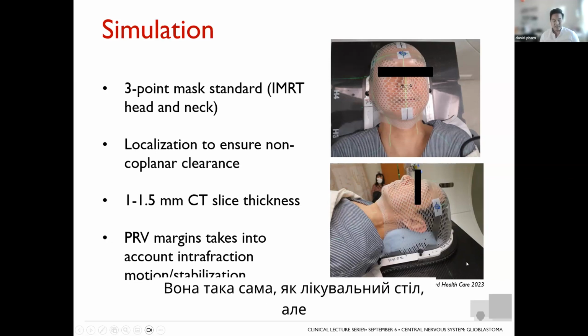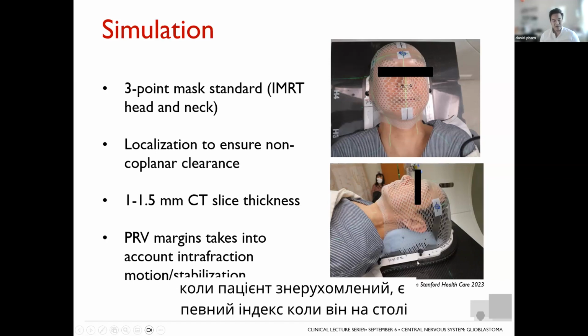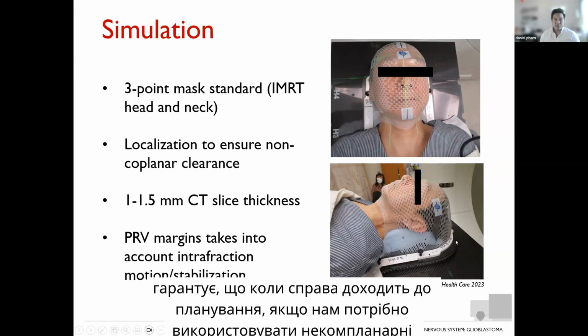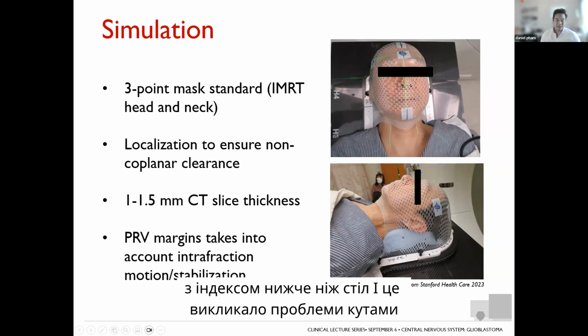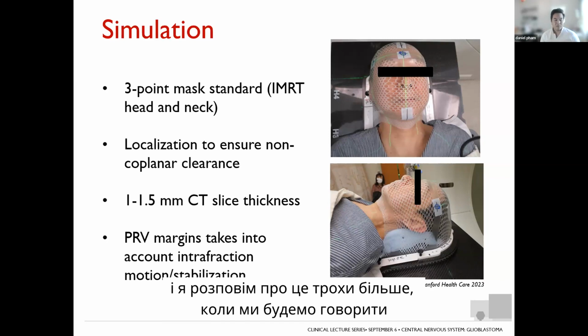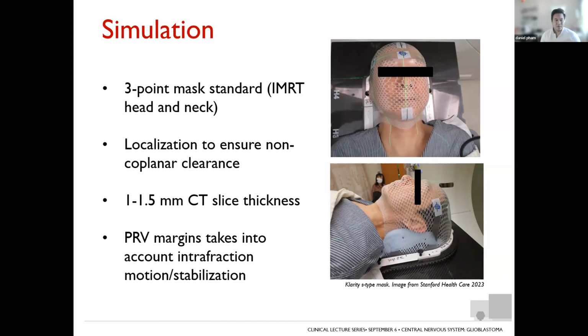It's the same as the treatment couch, but having the patient immobilized or indexed further up on the bed ensures that when it comes to planning, if we need to use non-coplanar angles, there's going to be sufficient clearance. We've had problems in the past where we've had the patient indexed lower down on the couch, and that's caused problems if we were trying to use non-coplanar angles. I'll talk a bit more about when we use non-coplanar and coplanar angles.